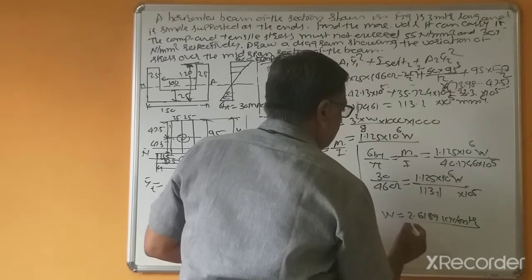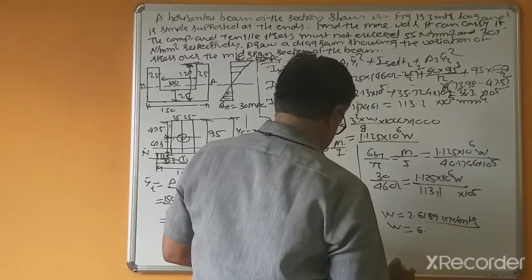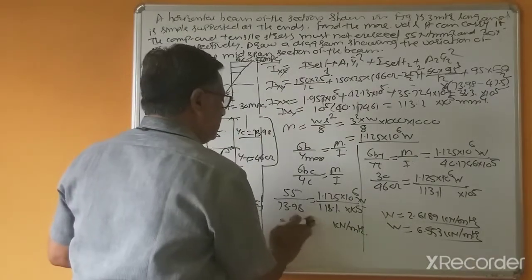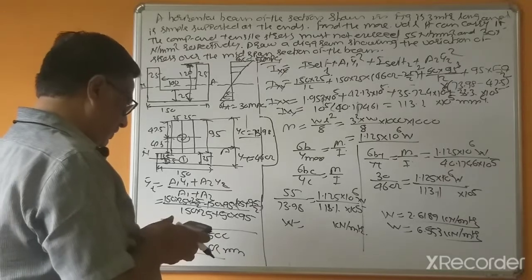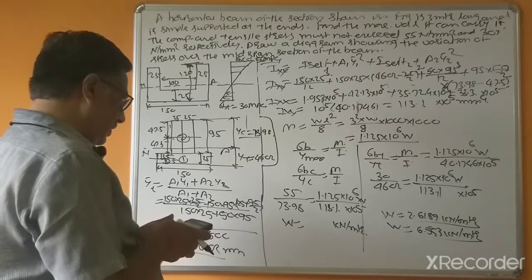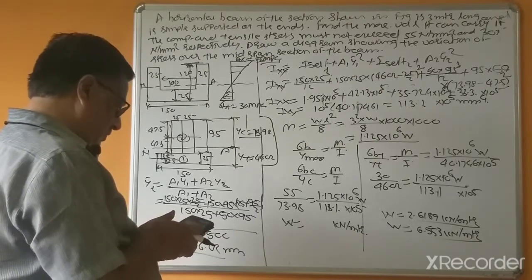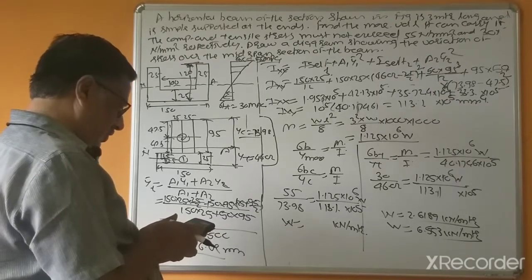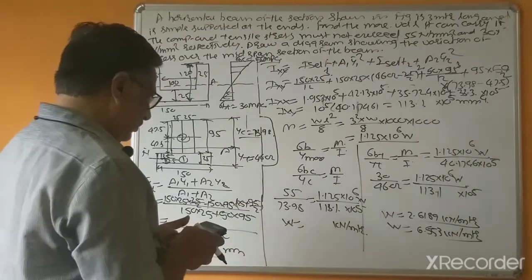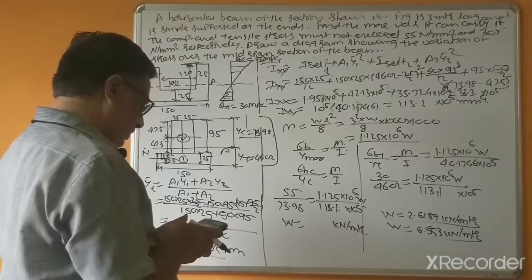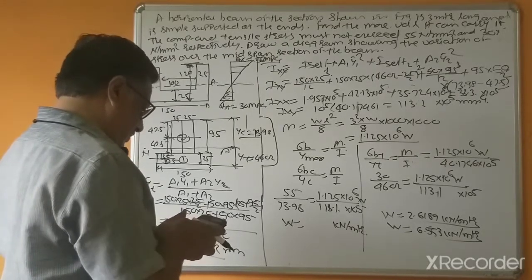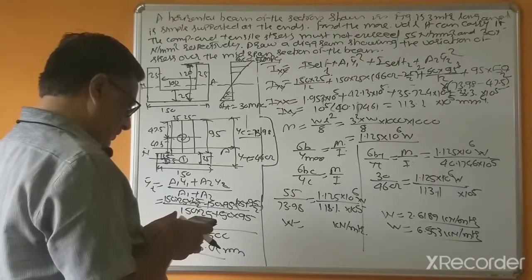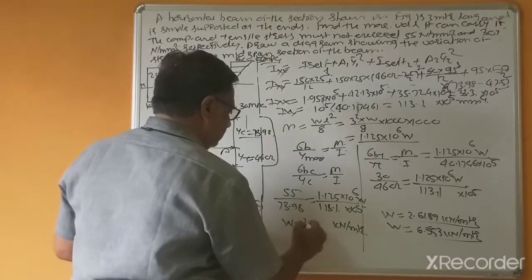This is equal to 6.553 kilonewton per meter, and this is 113.1 into 55 into 73.98, divided by 1.125 into 10 to the power 6, multiplied by 10 to the power 5, which is 7.474.